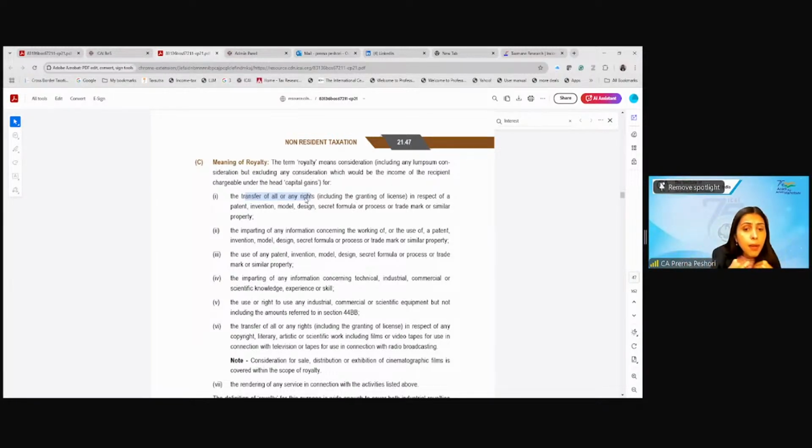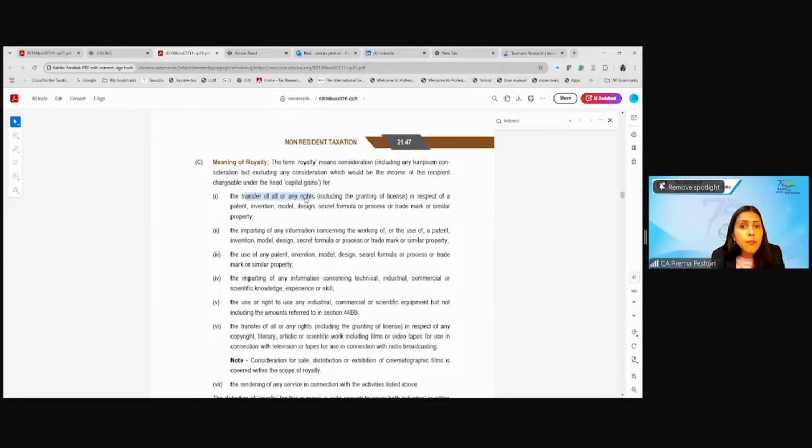But if I retain my ownership and I'm just transferring the rights for them to use, for them to make use of my rights, so they have a sub-ownership basically, or a subsidiary right. I'm giving them a limited right. Even though I'm transferring my rights, I'm allowing them to use my patent. For example, McDonald's is allowing the franchisees to use the brand McDonald's. So McDonald's is transferring all the rights in relation to the trademark of the McDonald's brand.